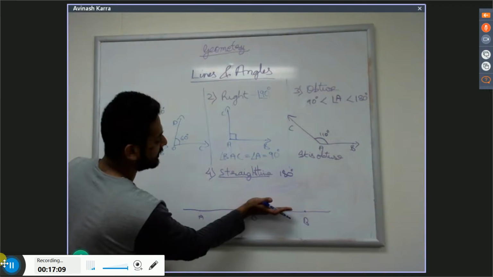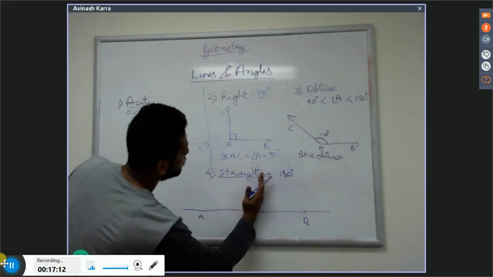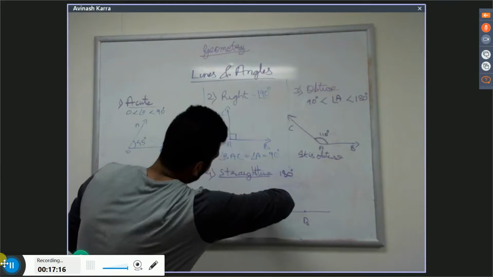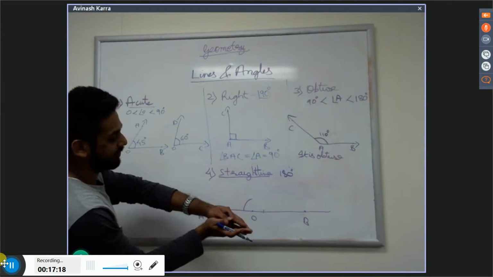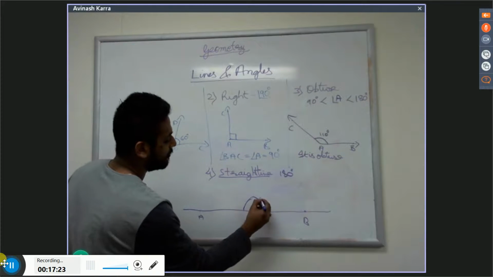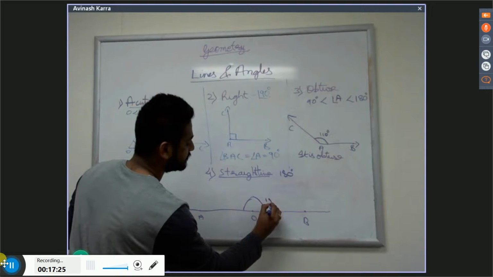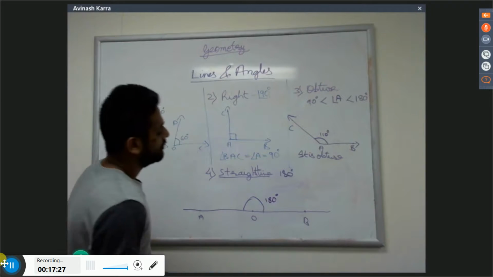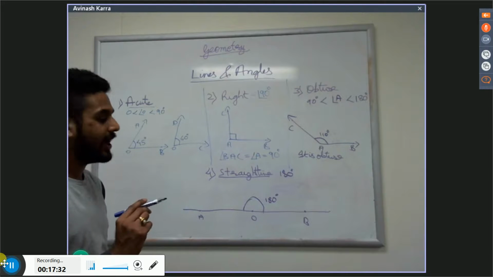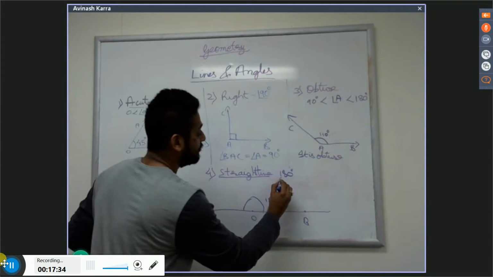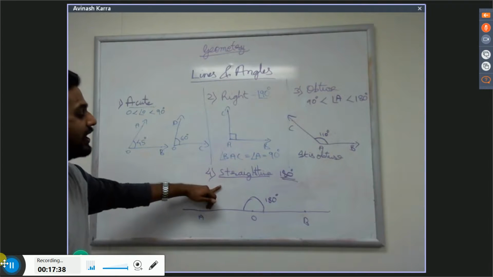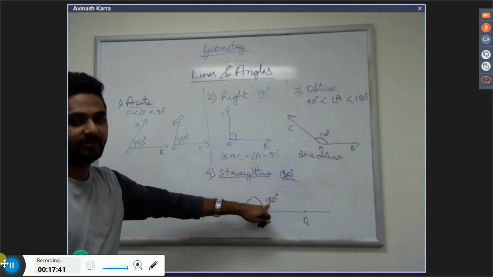So what is happening is that angle B first went to 90 degrees, then it turns obtuse, then it turns into a straight line, like this. So this angle is 180 degrees. What you need to blindly remember is that the angle of a straight line is 180 degrees. It will be very helpful in solving problems.